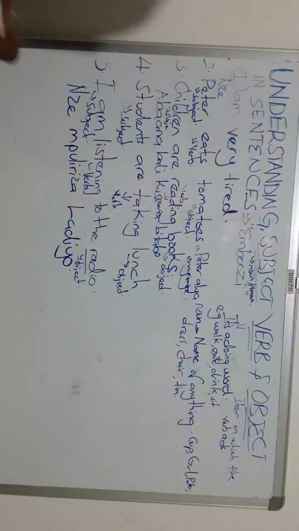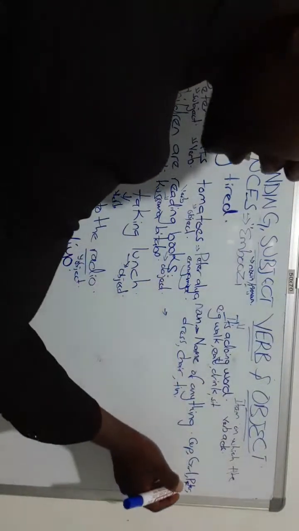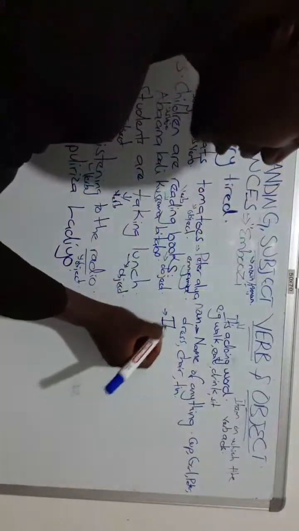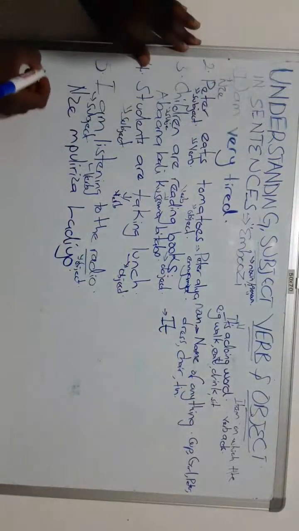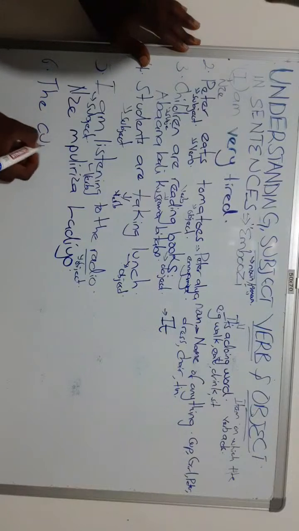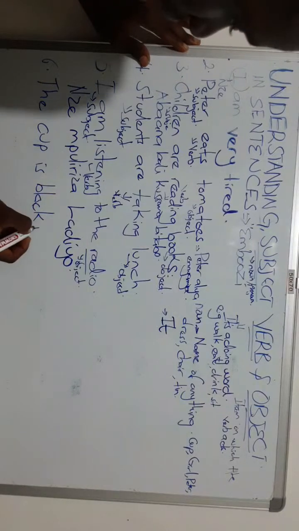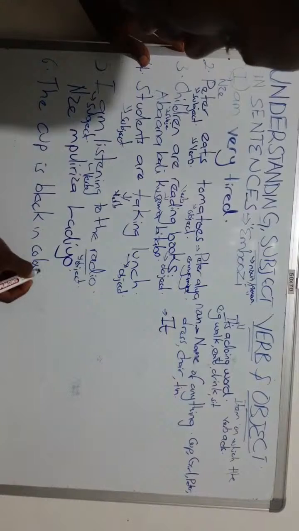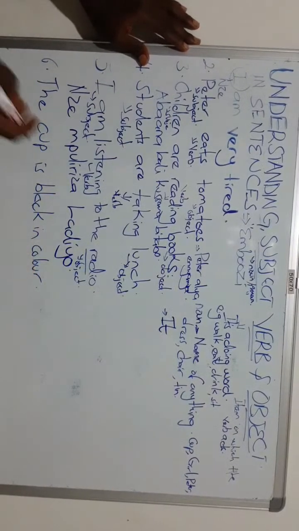So pronouns ze bayita nakasigirwa. Pronouns twalaba, instead of using a noun when referring to things which don't have life, non-living things, you use it. For example, cup, if I say the cup is black in color, here you are describing the cup.